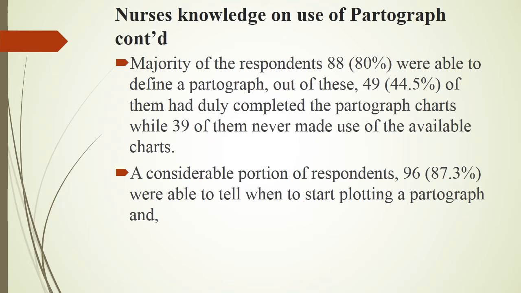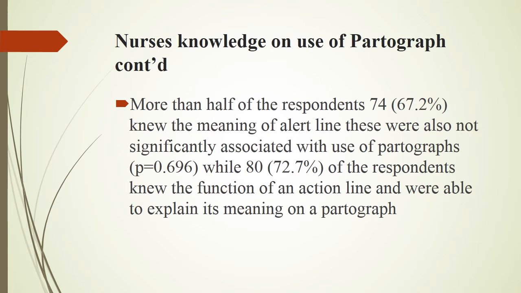A considerable portion of the respondents, that is 87.3%, were able to tell when to start plotting a Partograph. More than half of respondents, that is 67.2%, knew the meaning of alert line.